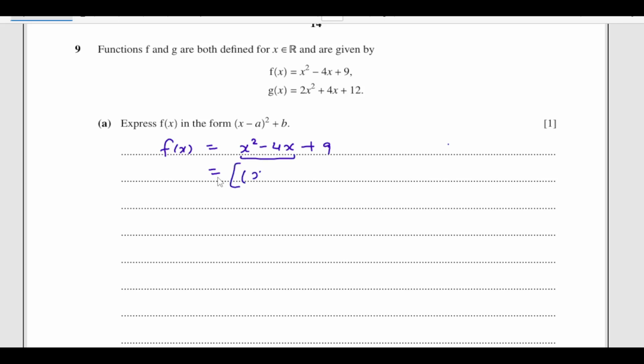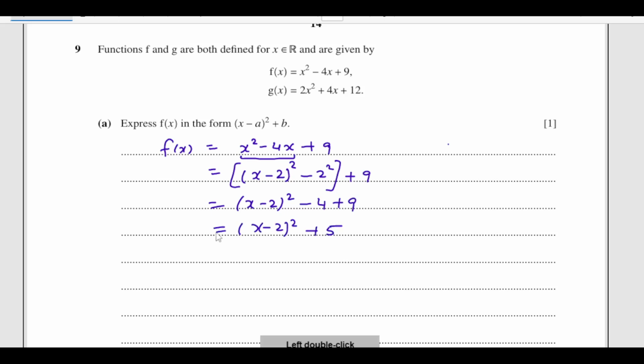So this is x minus 2 squared plus 9. So this is x minus 2 squared minus 4 plus 9. So this is equal to x minus 2 squared plus 5. So this is our fx in the required form.